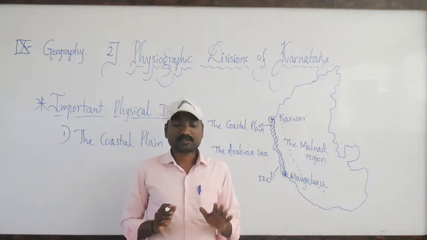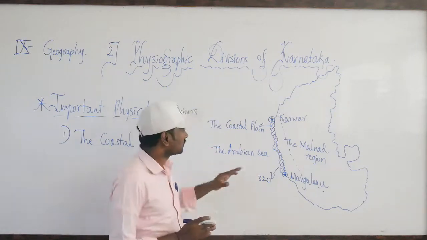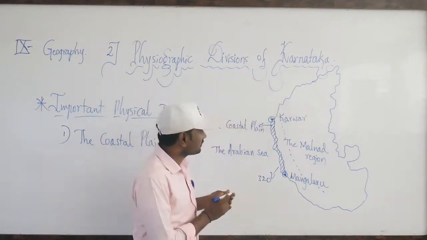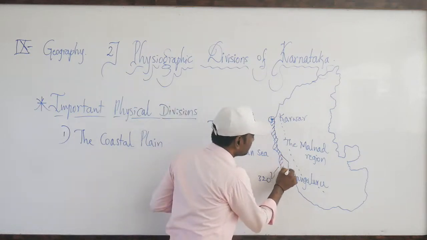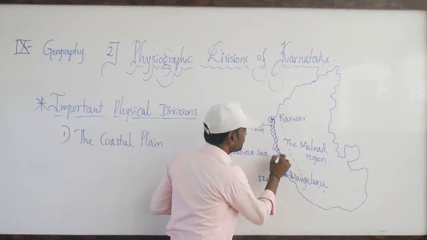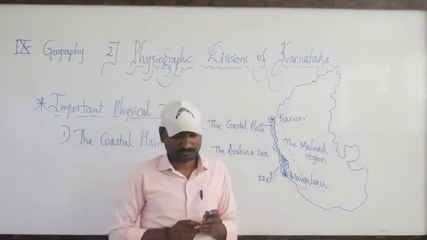It is broad in the south and narrow in the north. North side it is narrow and in the south side it is broader.